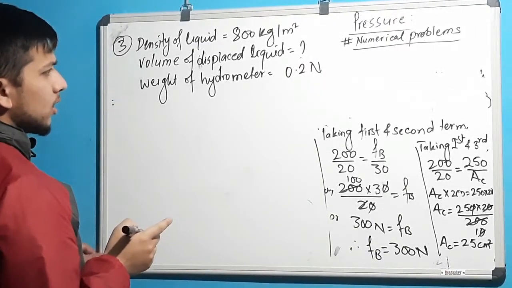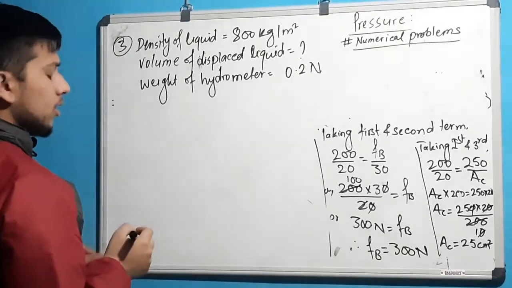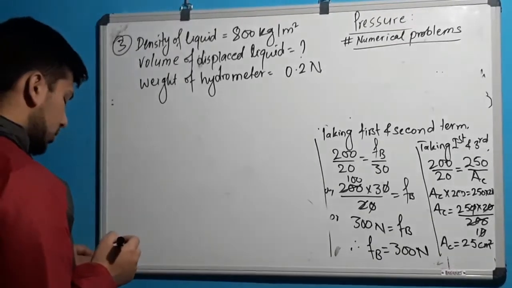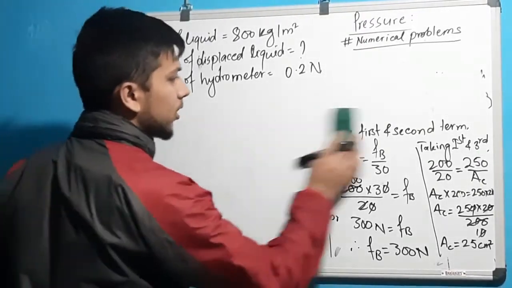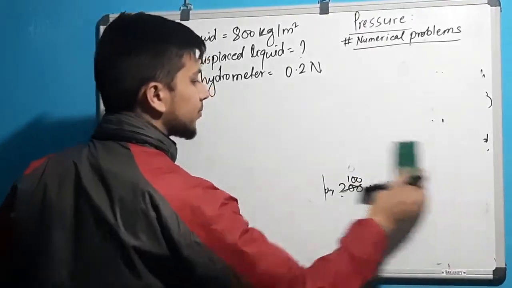If it were mass, it would have come in kg or gram. This is weight. Weight is similar to a force, and when it floats, I'll make a drawing like this.